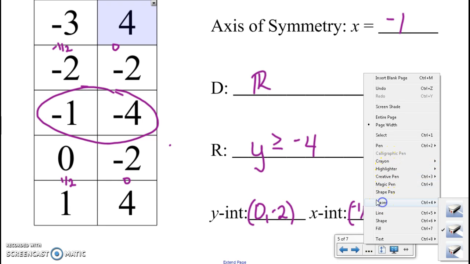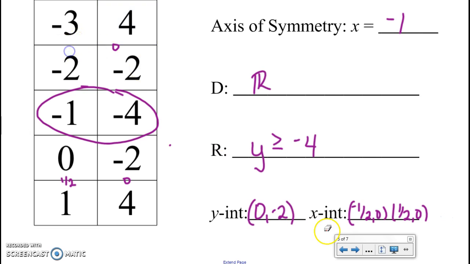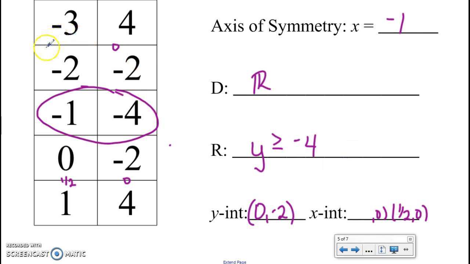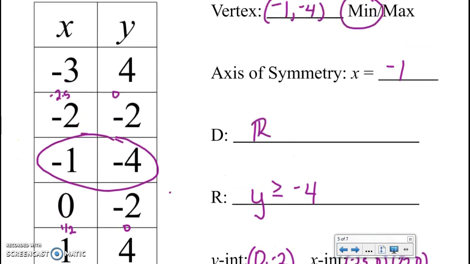Let's see. Because it's actually between -2 and -3. So that one should be -2.5. Fix that. That's for my x-intercept. Okay. So go ahead and try.